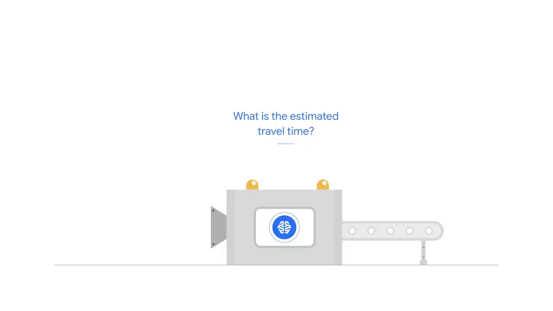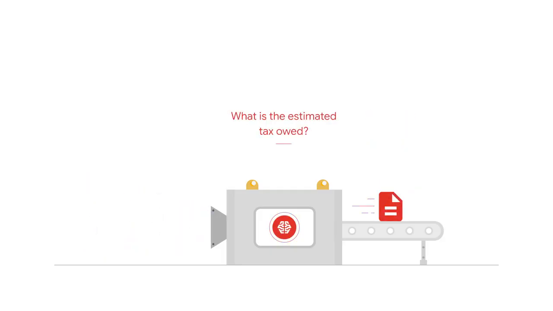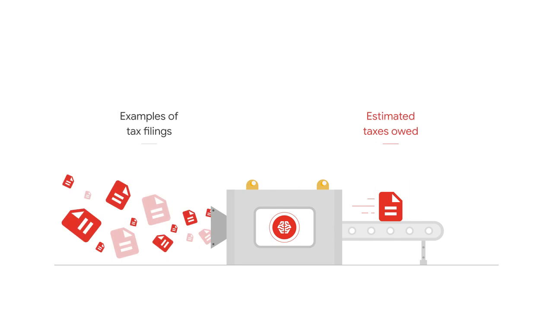Usually these problems are about predicting something. For example, you can predict how long it takes to travel from one location to another by feeding the computer examples of the completed journeys. Similarly, you can predict the estimated taxes owed by feeding the computer examples of tax filings. You do the same for predicting weather patterns over the next few days.